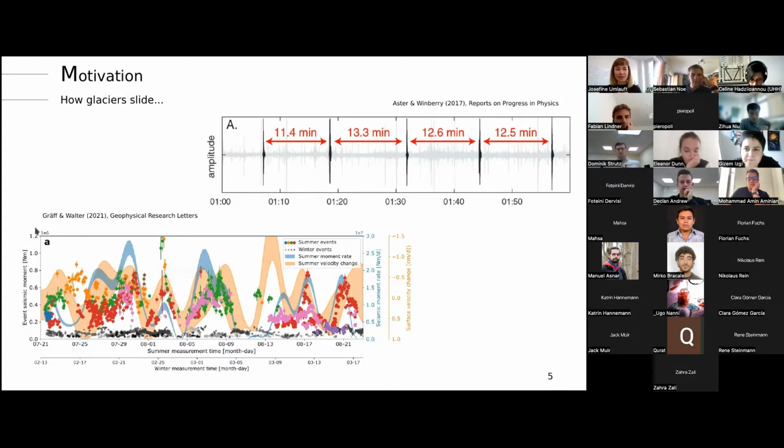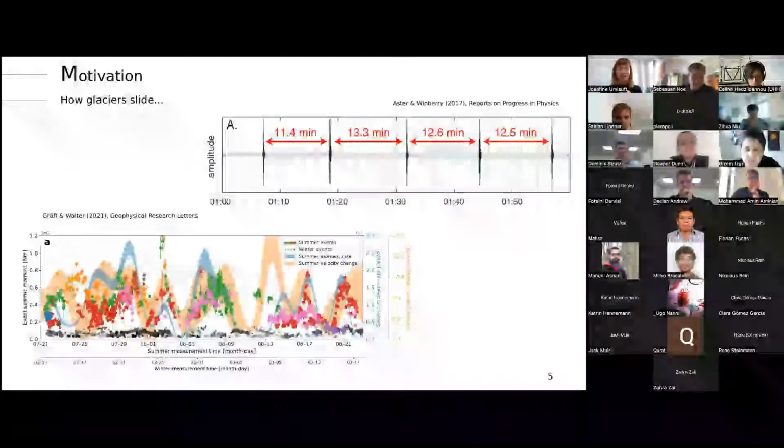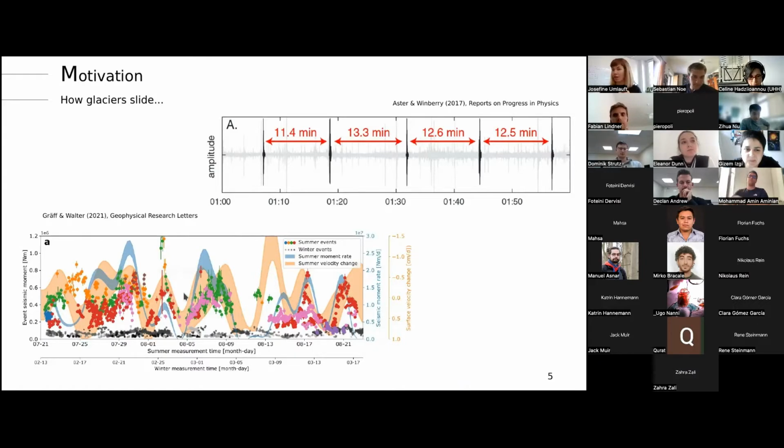But there was that great study of Gräff and Walter last year, who showed using a borehole seismometer on Rhone Glacier, so in the Alpine region, that stick slip events happen actually all the time. So all the dots that you can see here in colors and in black are all stick slip events that you can observe over months.